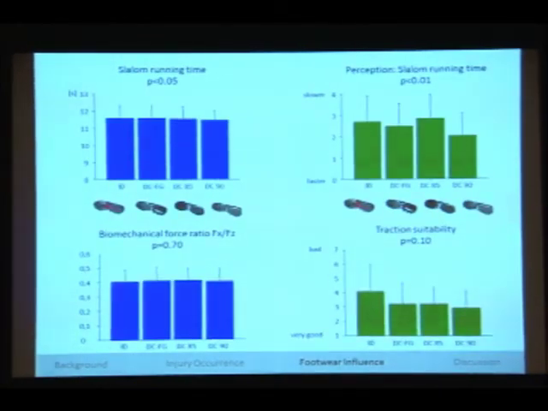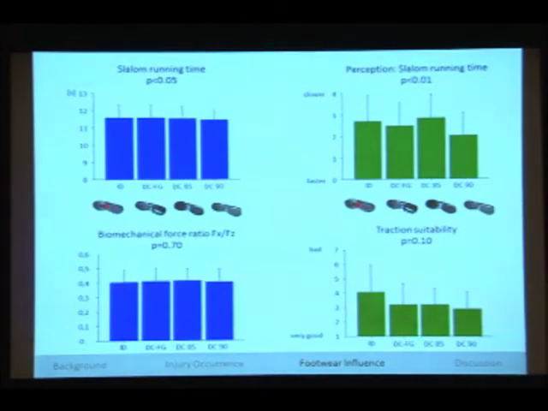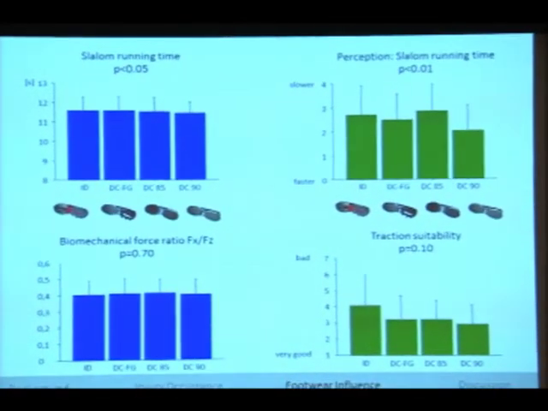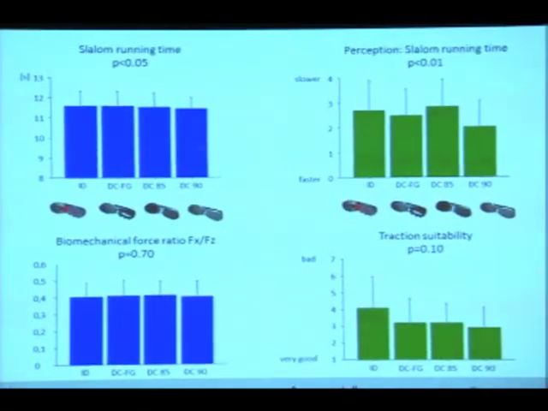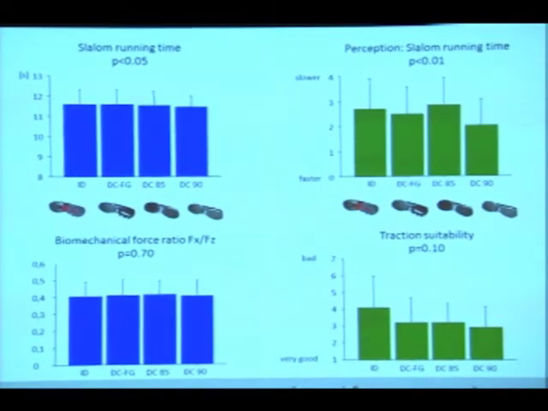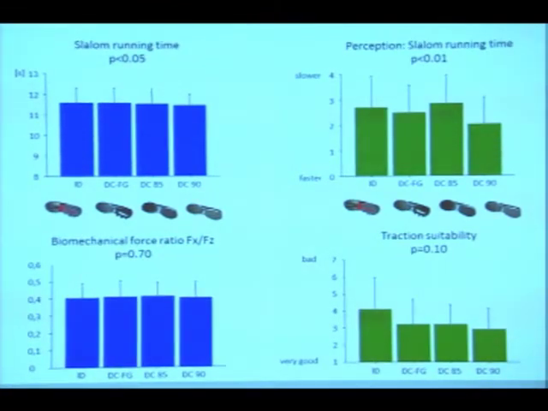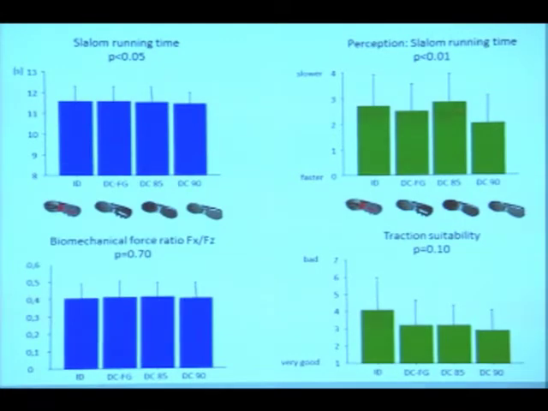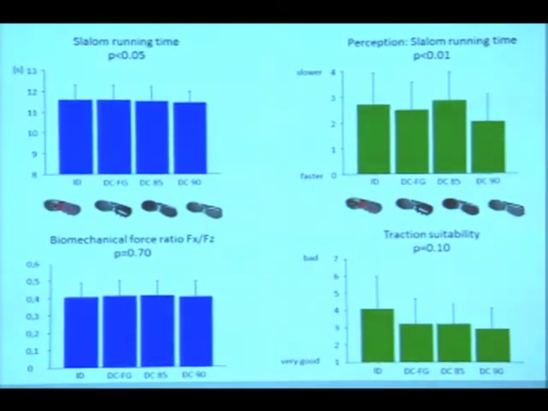We have here all those analyses, performance, biomechanics, and perception, and what we came up with is that slalom running time was only slightly better for the dual cell 90 prototype, which had the hardest dual cell elements. But what we also see is that the picture for the dual cell 90 is okay, but here we have some differences that are not reflected here.